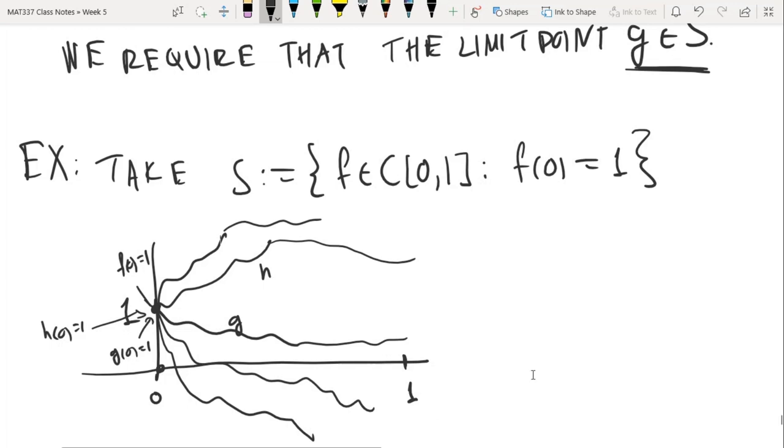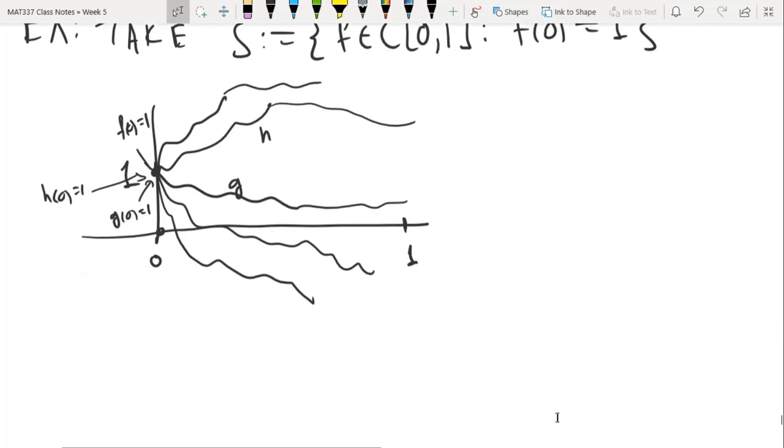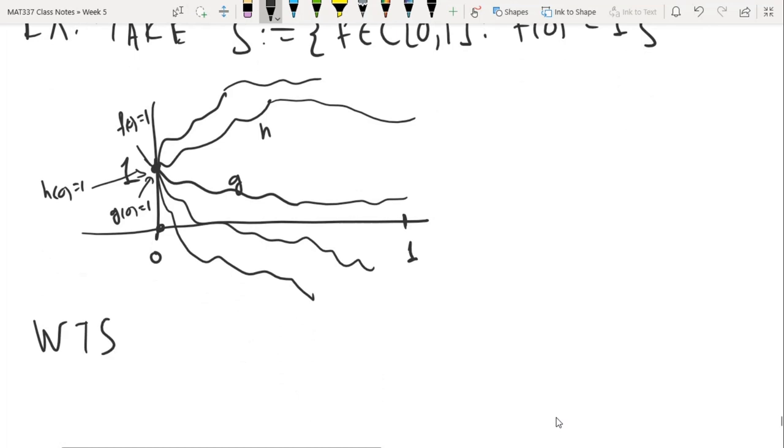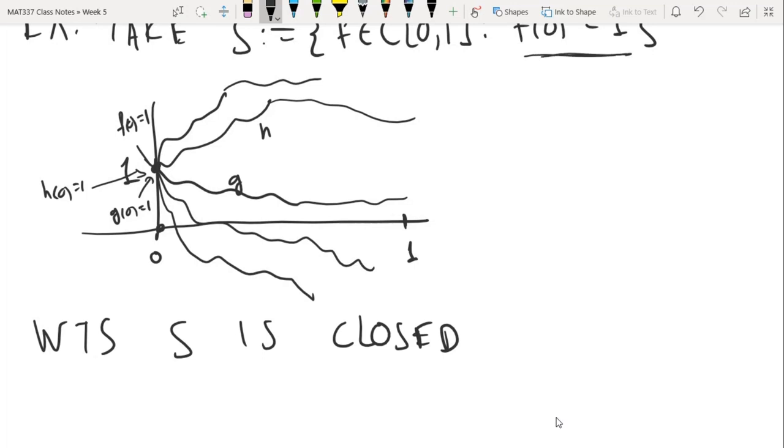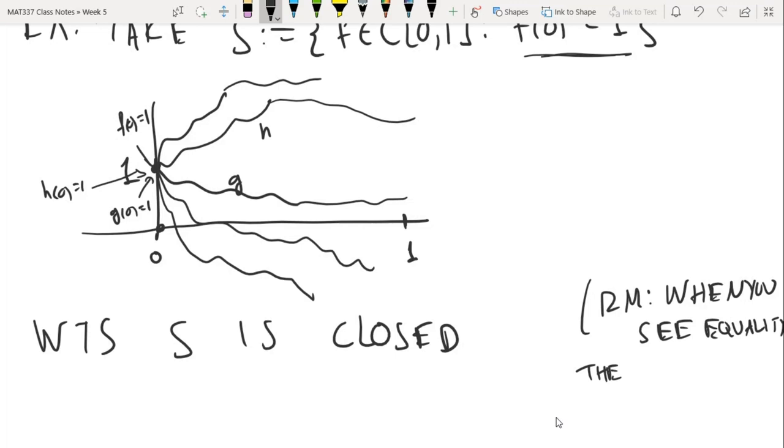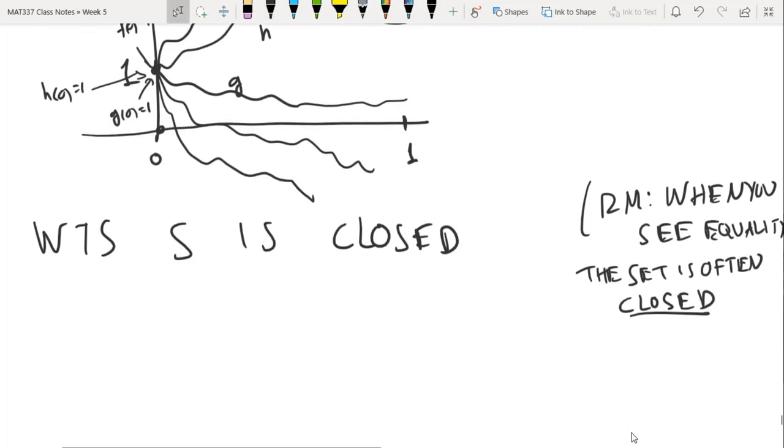Okay. I want to show S is closed. A general remark is that when you see equality, the set is often closed. And then when you see strict inequality, it's open.